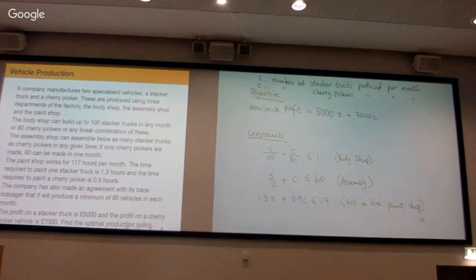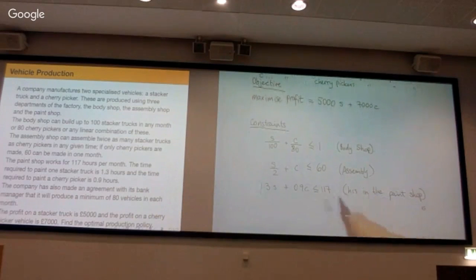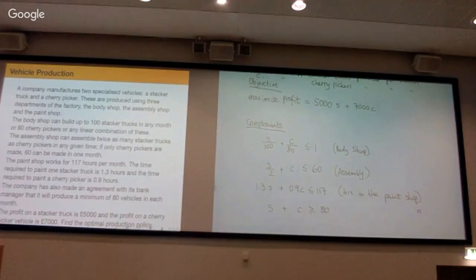Okay. And then there's the bank. And the bank wants at least 80 vehicles produced every month, which you can achieve by saying that the total number of vehicles produced is greater than or equal to 80.